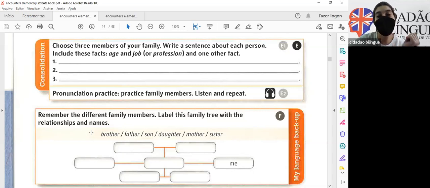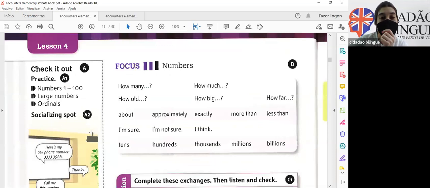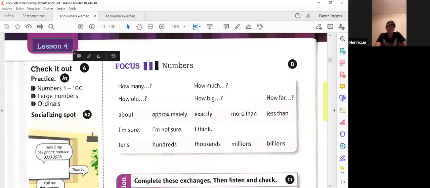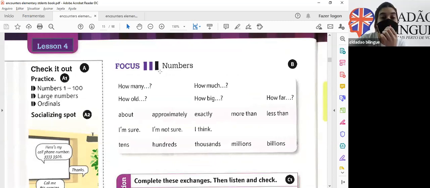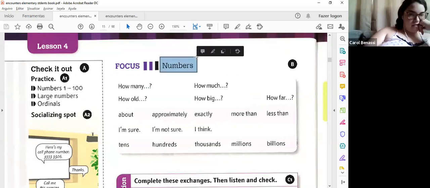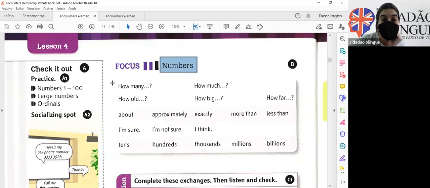Let's continue lesson 4, okay? Go to the next page, lesson 4. Please, everybody repeat with me, lesson 4. Lesson 4. Very good. Numbers. Please repeat, how many?